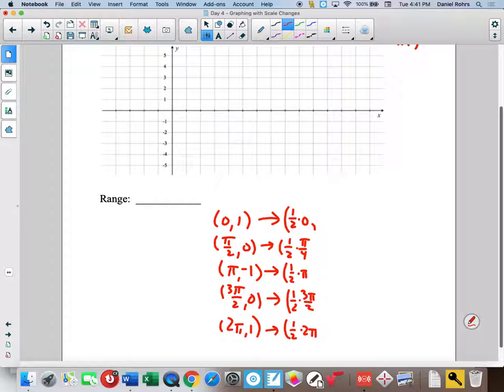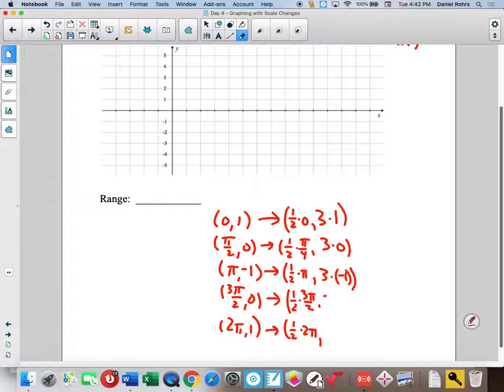And then I'm stretching things out on the y-axis. So what does that mean? I'm multiplying the y values by 3. So again, I'm going to write all this out so that you can see this. I want the 0 to be last. Sorry about that.